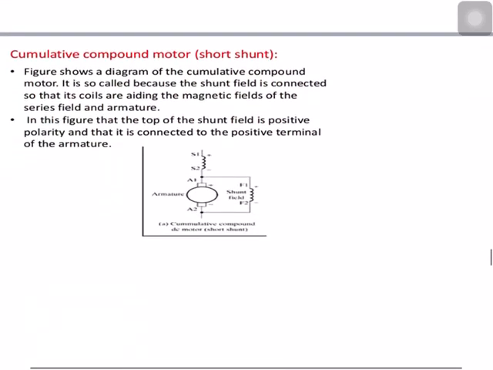So next one, cumulative compound motor. It is showing the diagram of the cumulative compound motor. Why it is called a cumulative compound motor is that the shunt field is connected so that its coils are aiding the magnetic field of the series field and armature.